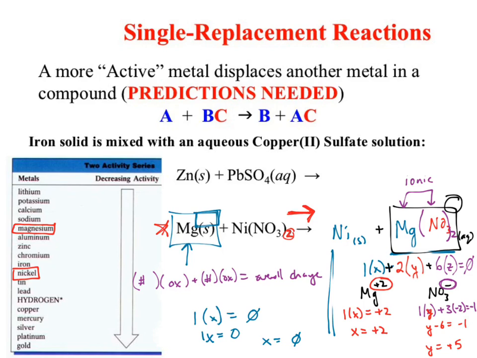Plus 5. It comes out to be something different. Why is it different? One's an oxidation state and one is a charge. Depending on the conditions you're under, you will be looking at either condition. So you have to be careful to answer the question that's asked, not the question that you find easiest or the question you want to answer. Make sense? Okay, so why go through all of this?